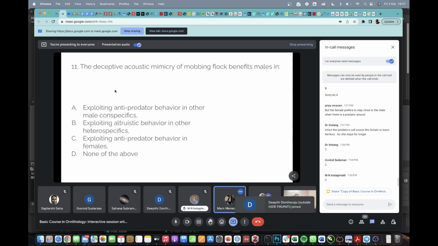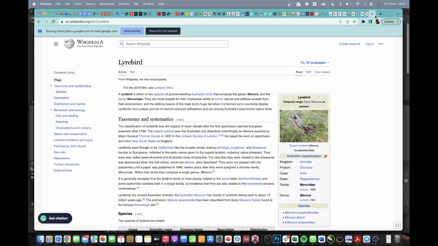So what are the closest relatives of lyrebird, sir? That you can Google up now, Govind, rather than asking me. These are all Australian birds. Actually, lyrebirds have only two species. What are the species called?